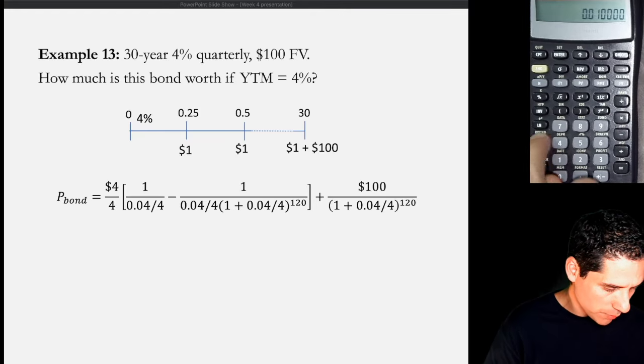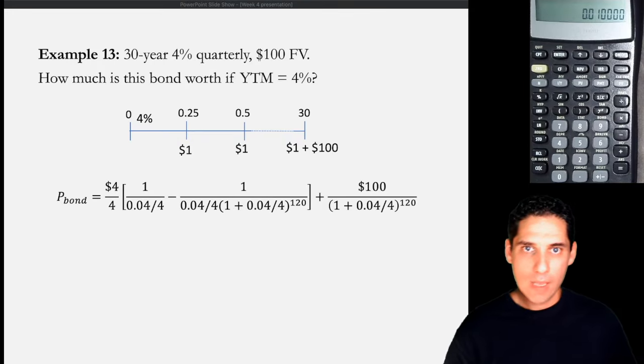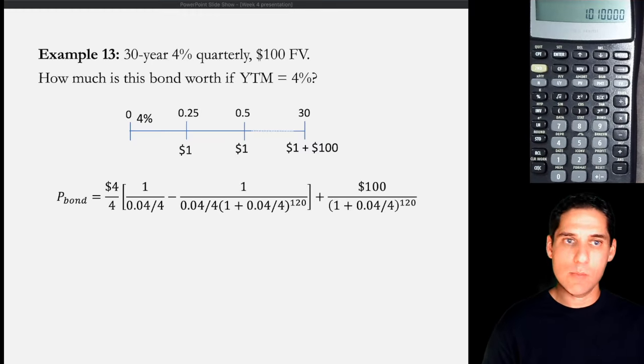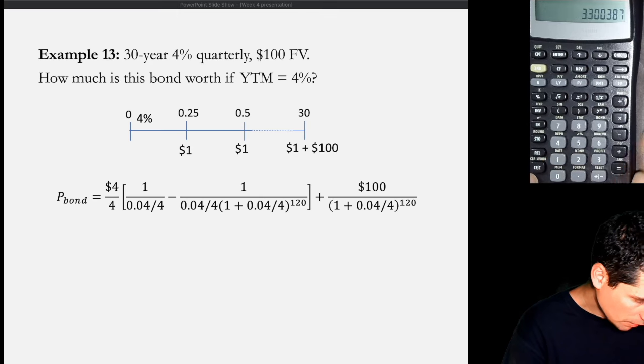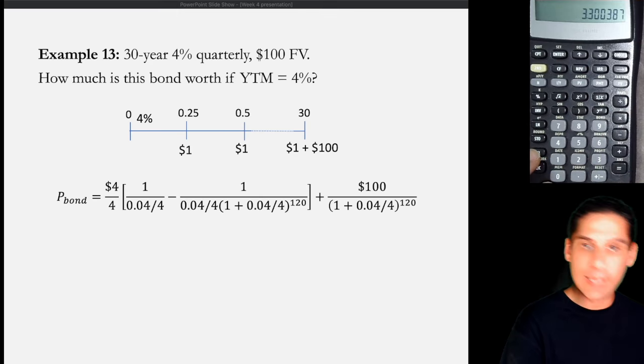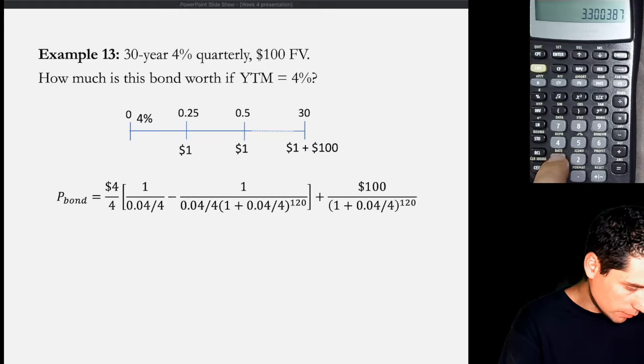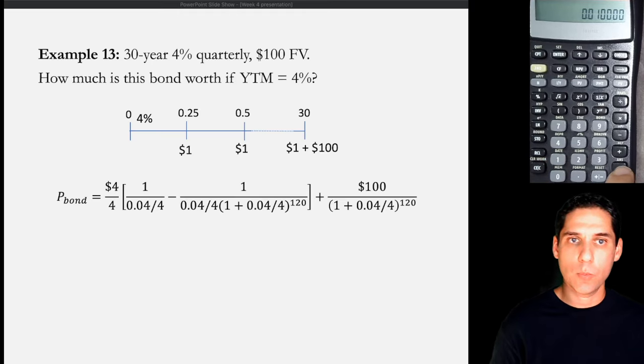I'm going to store this because we're going to have to use this a lot. Now I need to add 1 to this and raise it to N times M, which is 120. And then multiply this by, again, the 1%. So recall the number that I had stored, 0.01.